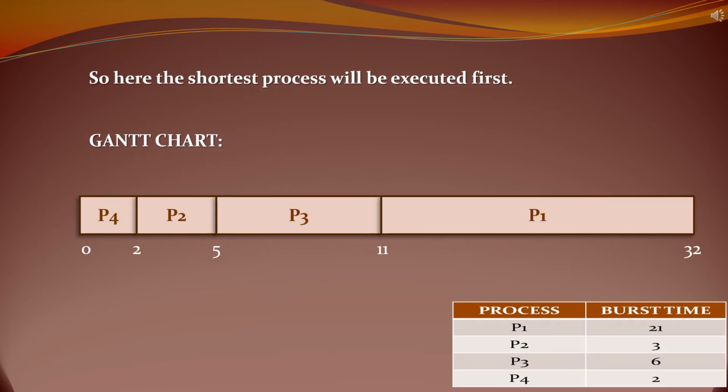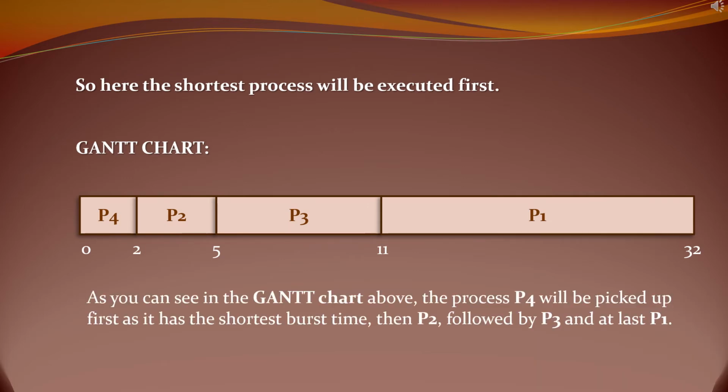And the last process has the burst time 21, and the process is P1. So the last completion time of the process P1 is 11 plus 21 equals 32. You can see in the Gantt chart above that the process P4 will be picked up first as it has the shortest burst time, then P2 followed by P3, and last P1.